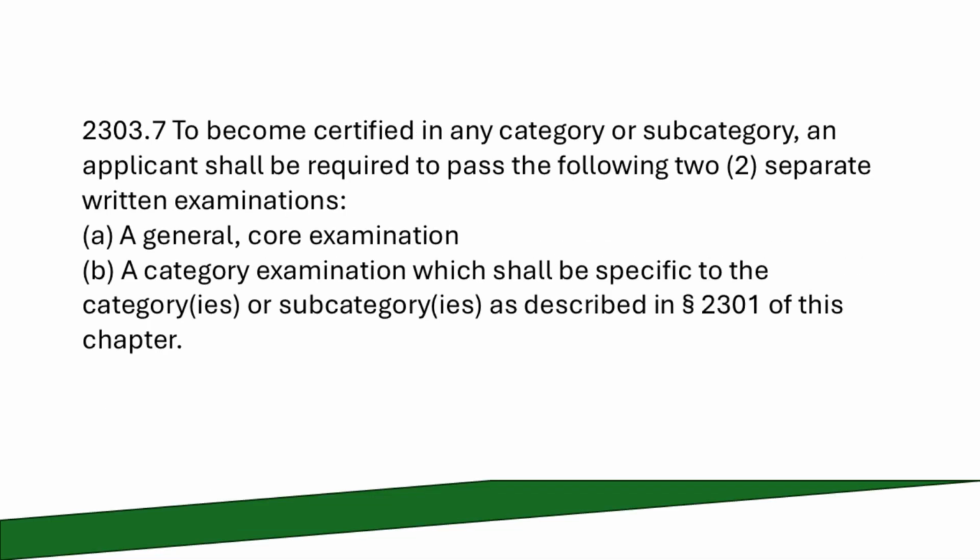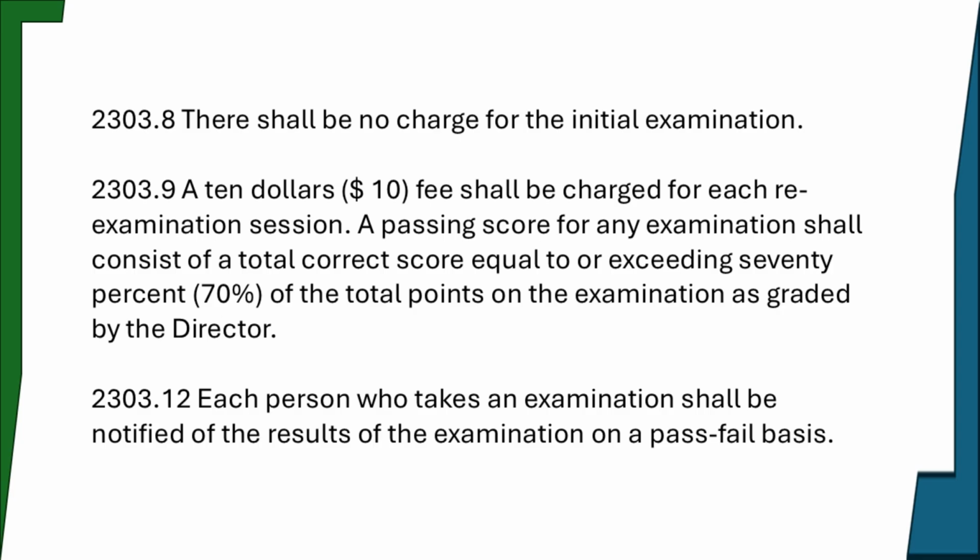2303.7. To become certified in any category or subcategory, an applicant shall be required to pass the following 2 separate written examinations: A. General Core Examination. B. A category examination which shall be specific to the categories or subcategories as described in 2301 of this chapter. 2303.8.